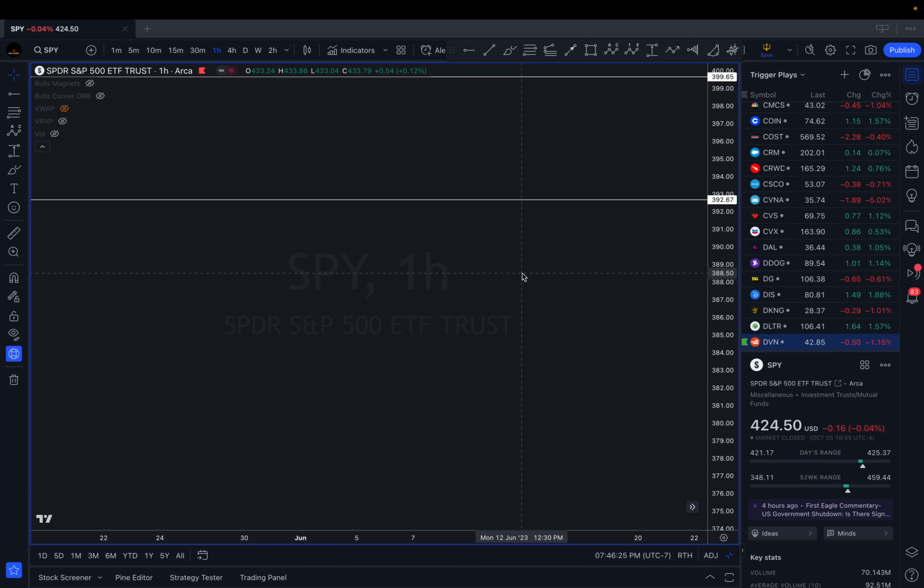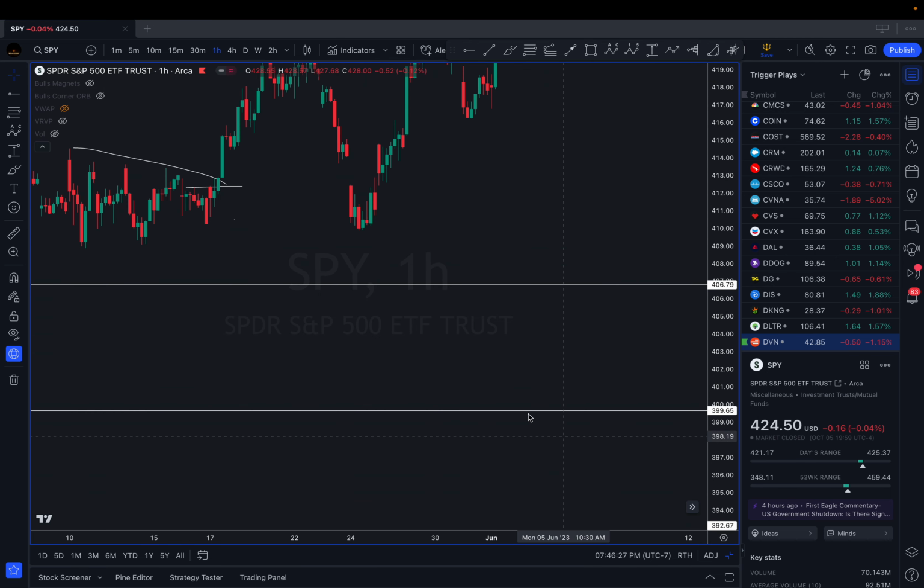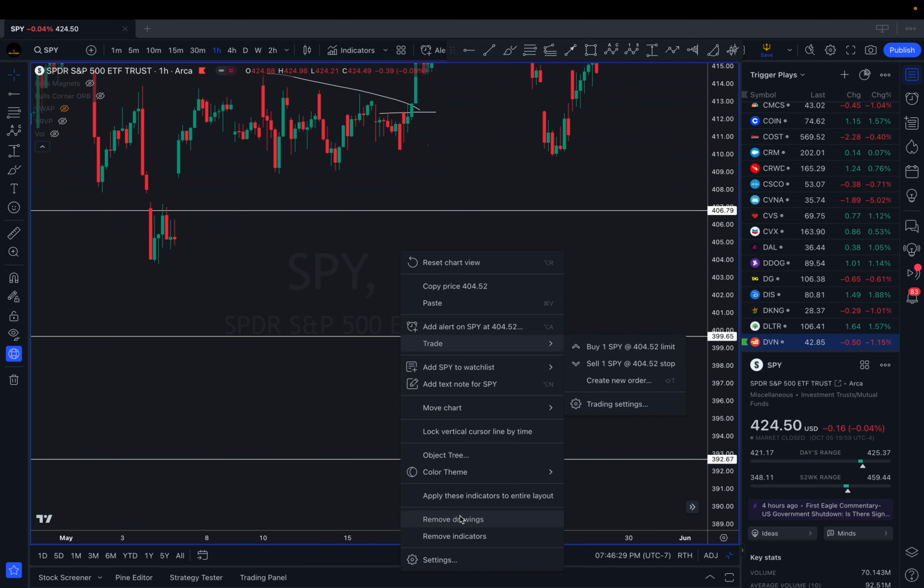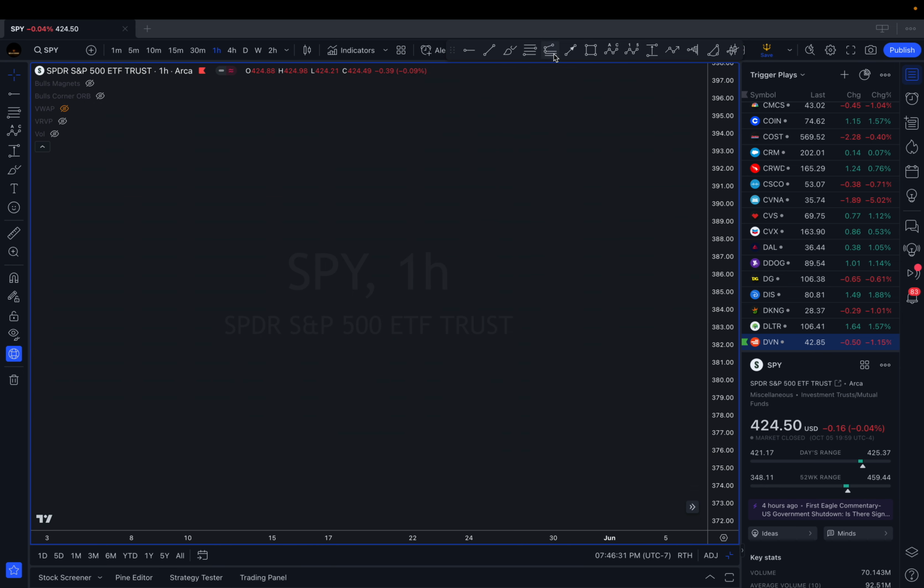So now let's move on to the morning star pattern. The morning star is the opposite of the evening star, which is something like this. We have this bearish engulfing coming, and then followed by a doji. It could be a hammer, and then followed by a bullish engulfing candle right here.